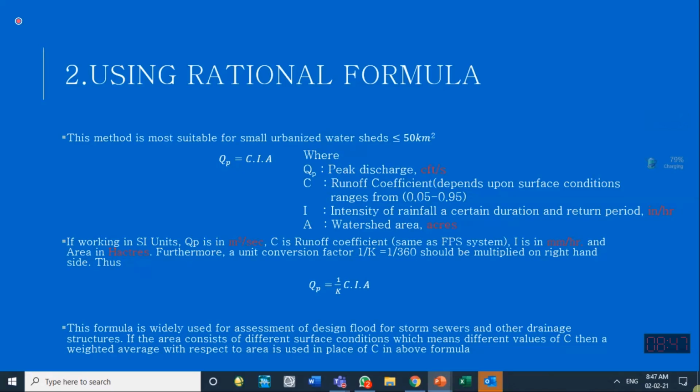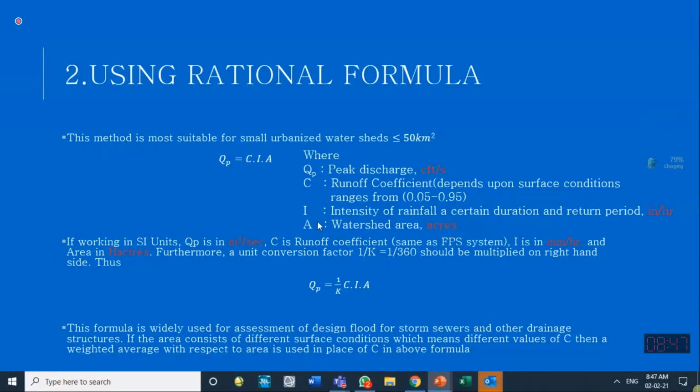So if we want to make something a zero risk structure, then a very high return period or probable maximum flood will be selected. But then the cost of the project will increase much higher, so you have to bear that. If you increase the return period, your structure will be more safe, but you will be incurring more cost initially.